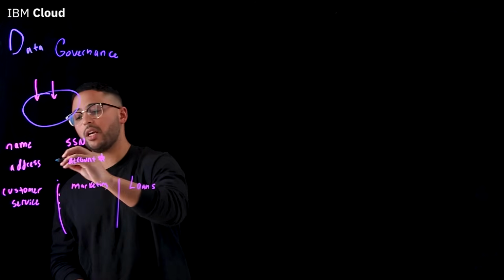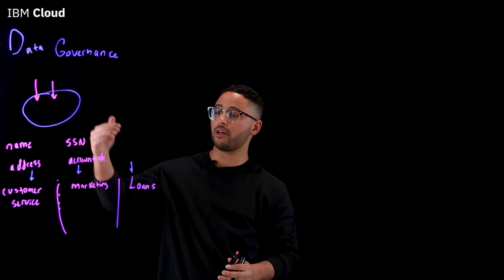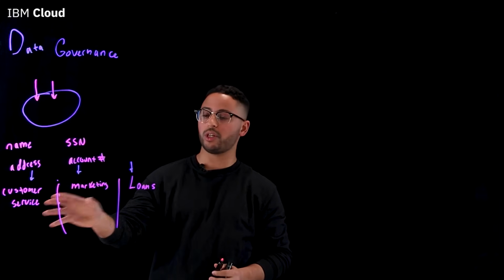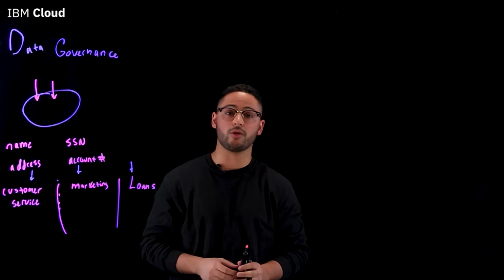So going back to data governance, it's about allowing the sharing of this information from that central repository to different departments without exposing important information from you as a customer.